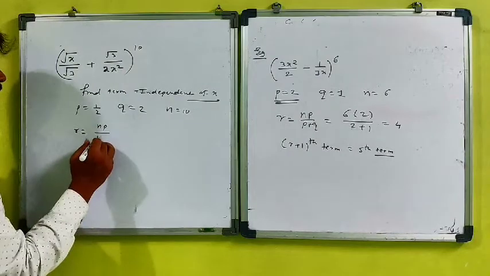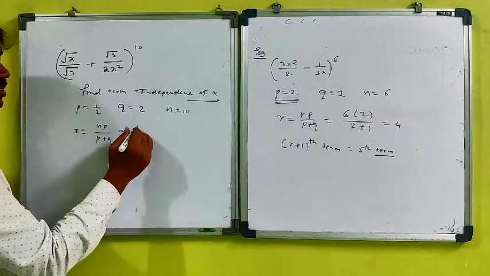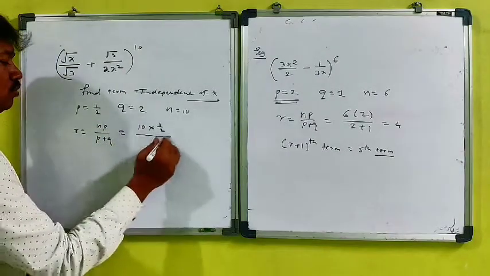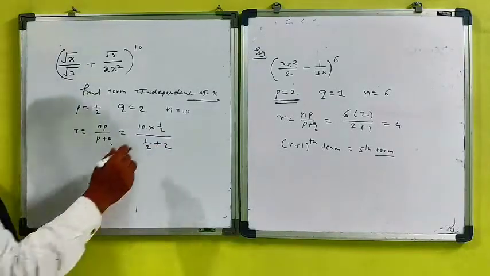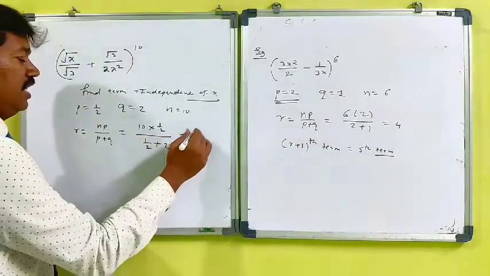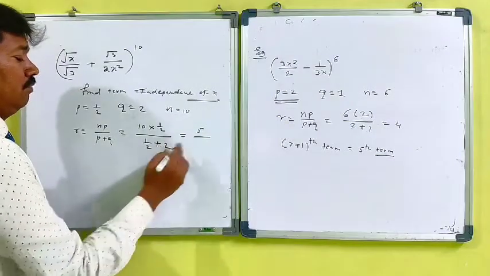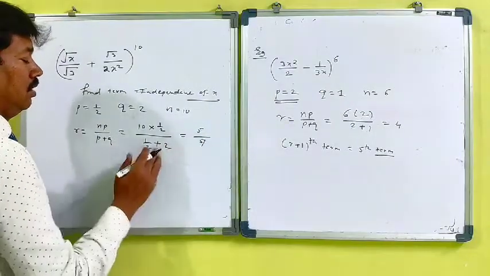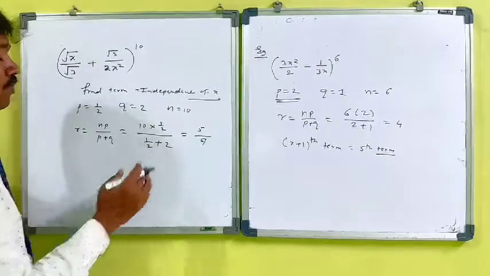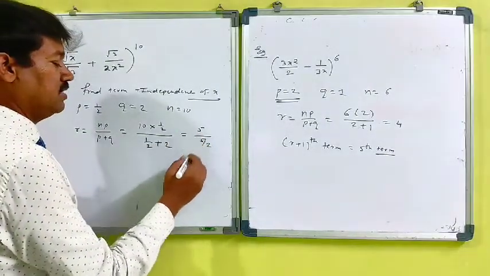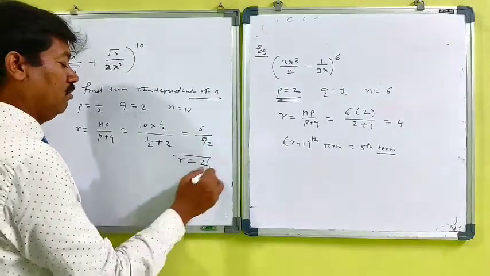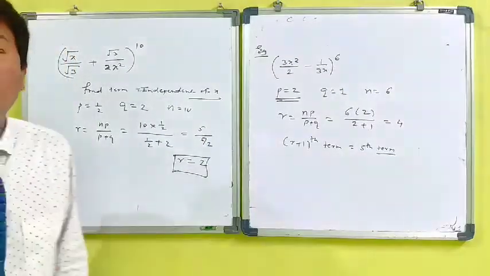The value of r will be n into p upon p plus q. So n is 10 into 1 upon 2, upon 1 upon 2 plus 2. So what is that? It cancels, so it is 5, right? 2 into 4, so the 2 and 5 cancel, and 2 goes up. So the value of r is equal to 2.